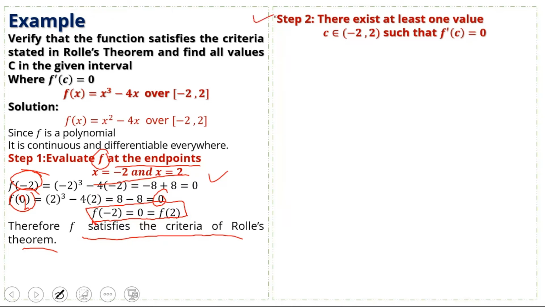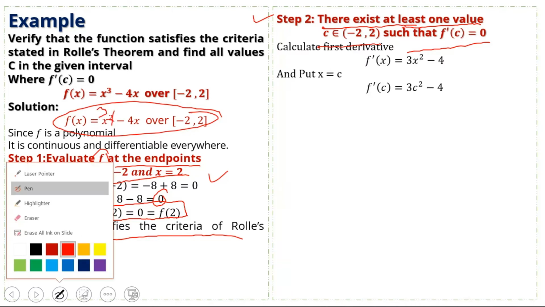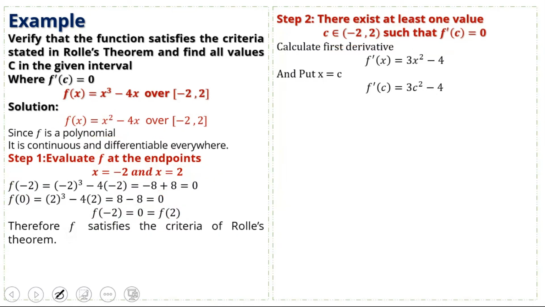In the second step, there exists at least one value c belonging to the open interval minus 2 to 2 such that the derivative of the function at that point is equal to 0. So first we find the derivative of the given function, which is x cube minus 4x. The first derivative is f prime of x is equal to 3x square minus 4, and we put x is equal to c.